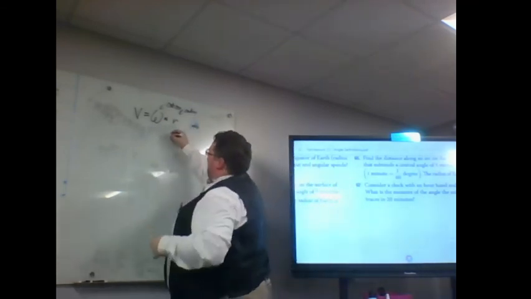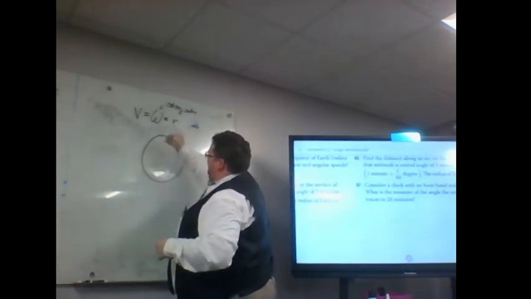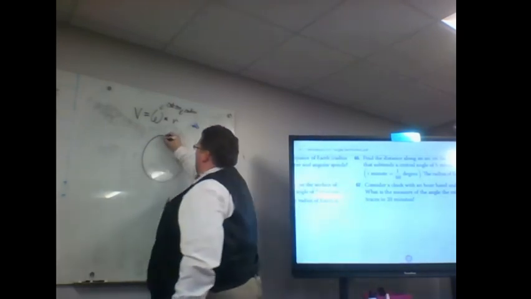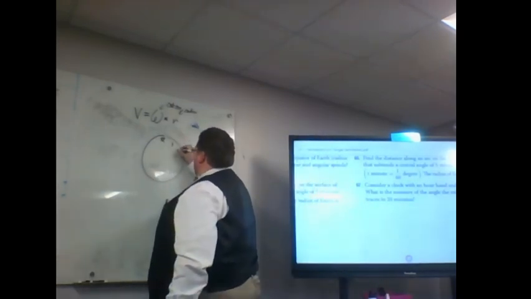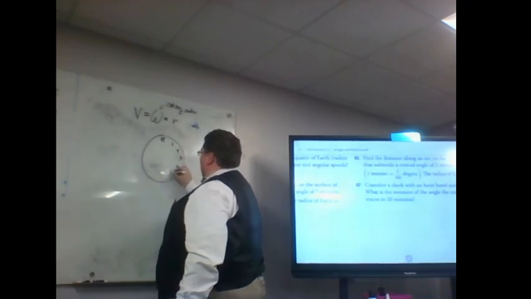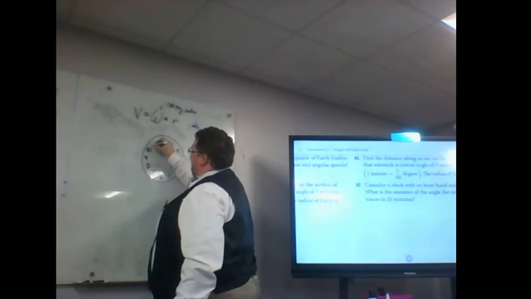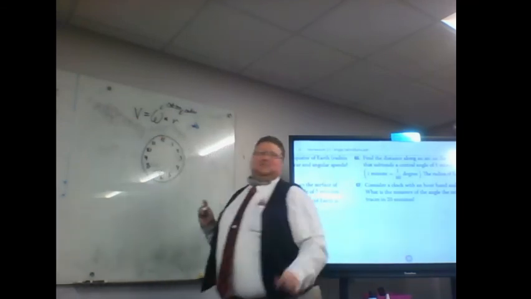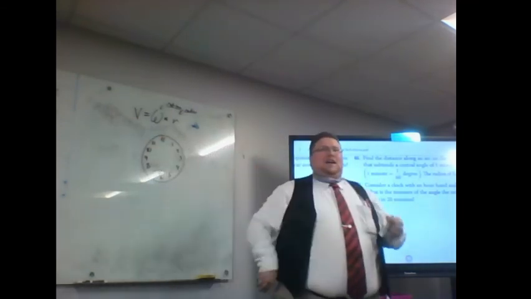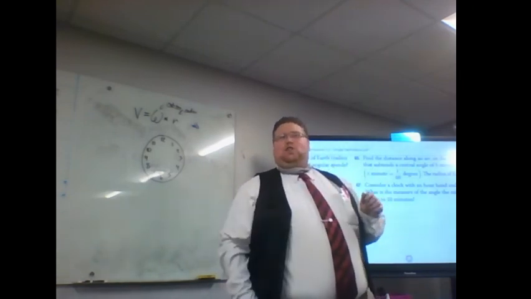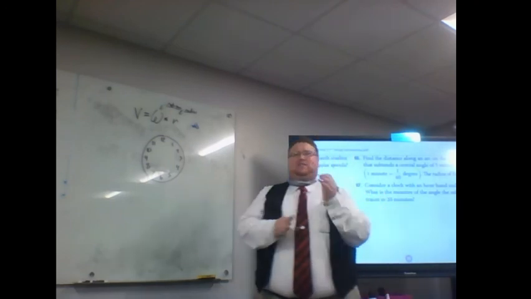So, I'm going to draw my very terrible clock. Okay, so here's 12, 1, 2, 3, 4, 5, 6, 7, 8, 9, 10, 11. It's a weird problem if you're not thinking about it in this form.